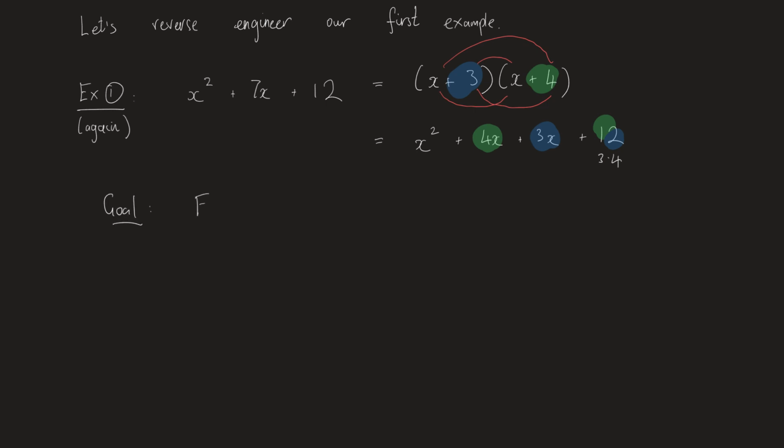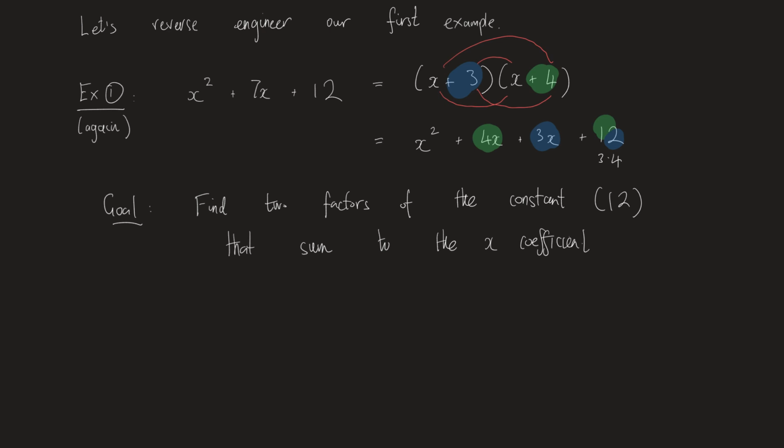We want to find two factors, so a factor pair of the constant, which in this example was 12, and we want those factors to sum to the x coefficient, which in this example was 7.